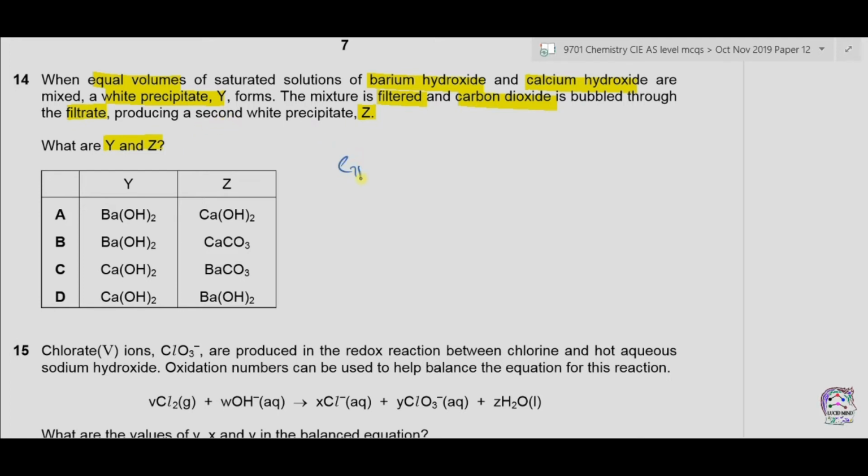As we know, in group 2 hydroxides, as we move down in the group, the solubility increases. So calcium hydroxide is less soluble than barium hydroxide.